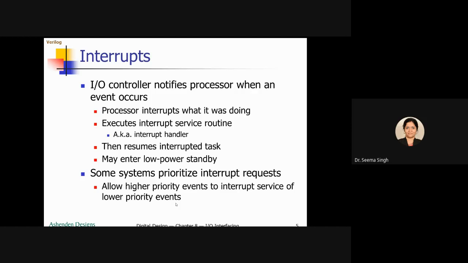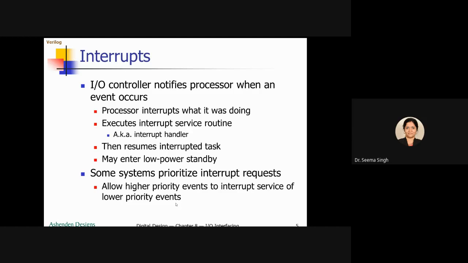So when interrupted, the processor will store the current work in the program counter, and it will go and attend the interrupt. After completing the interrupt service routine, it will come back and resume its interrupted task. And how will it resume?